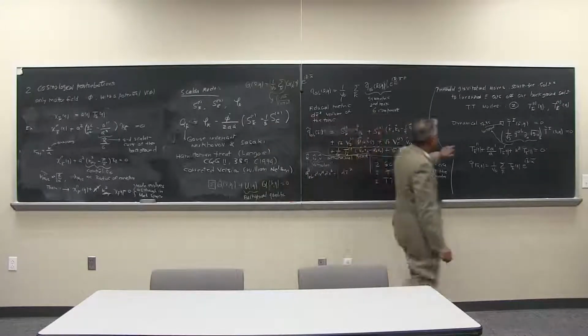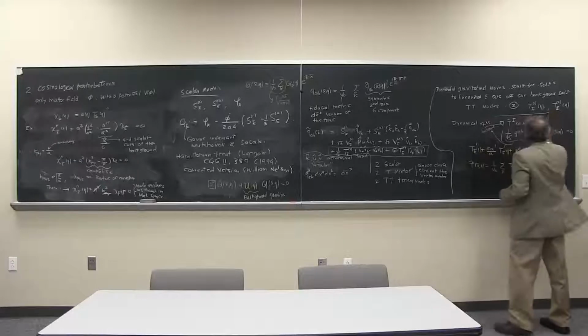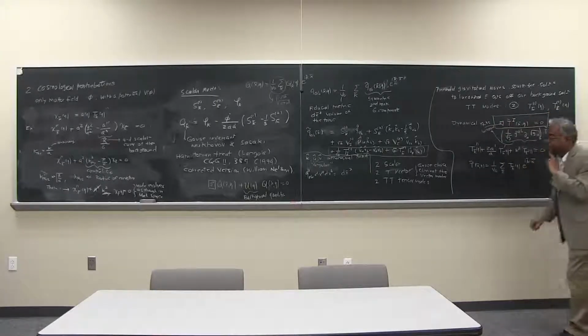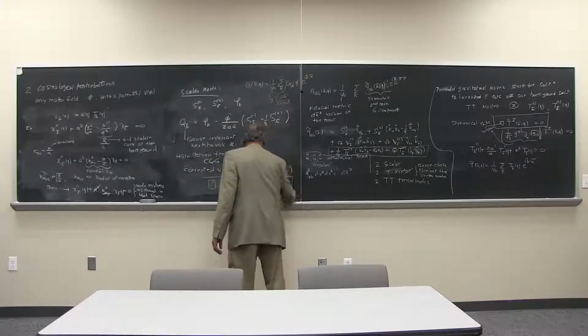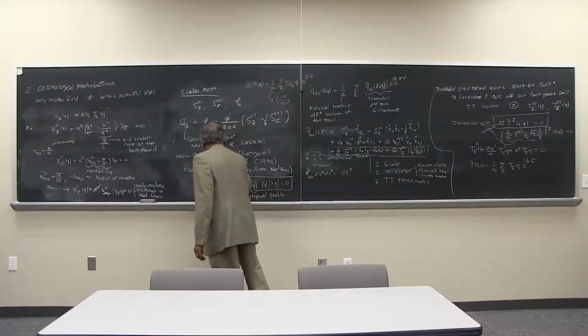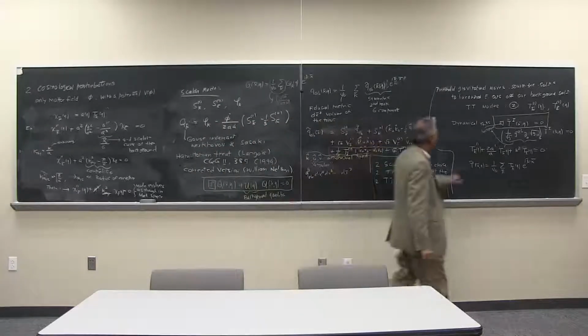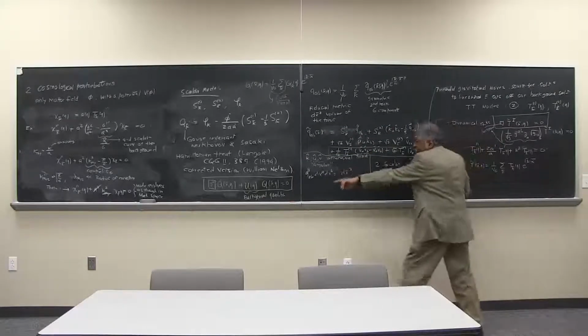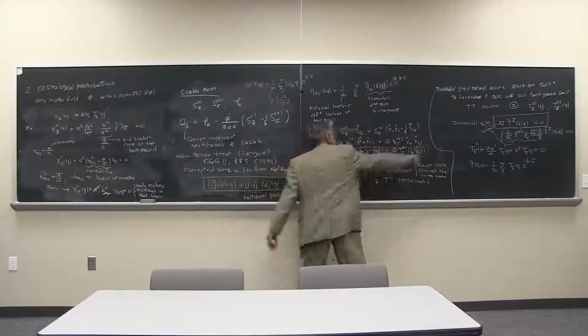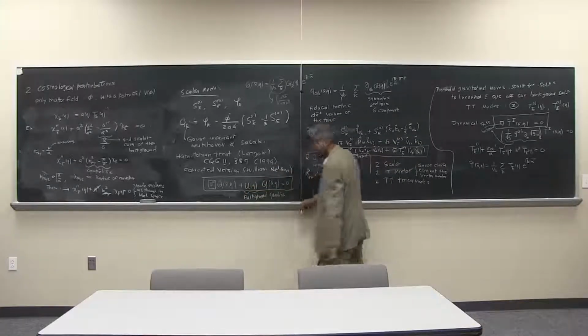Here the tensor equation was just a source-free wave equation. Here it is not a source-free wave equation, but it is a wave equation with respect to the background, just like there, plus a certain potential term.